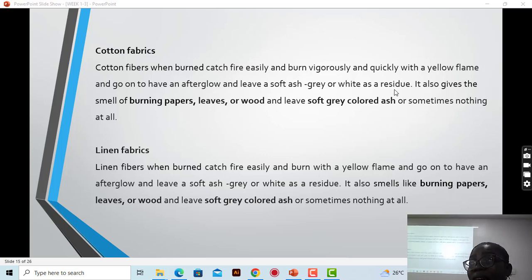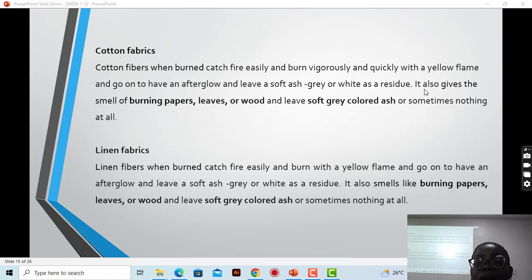So the ashes are smooth. That's what it's just saying. And soft. So if you record anything like this, it means that fabric is made from cotton, pure cotton.